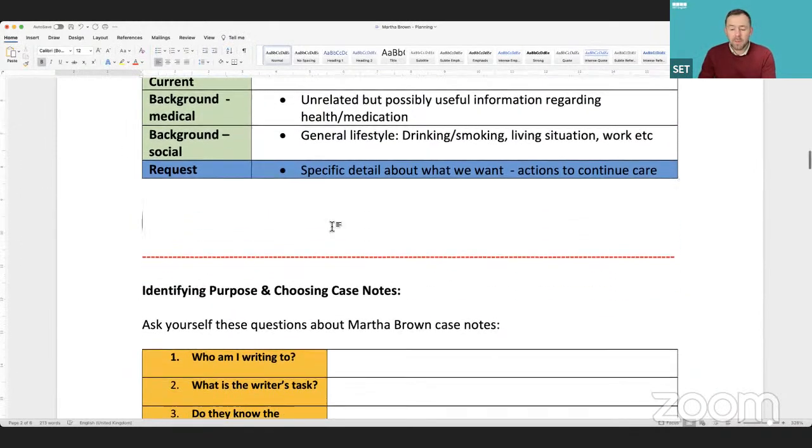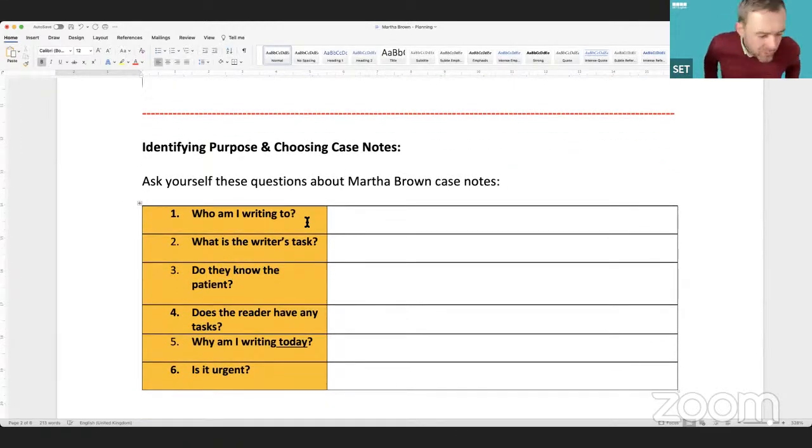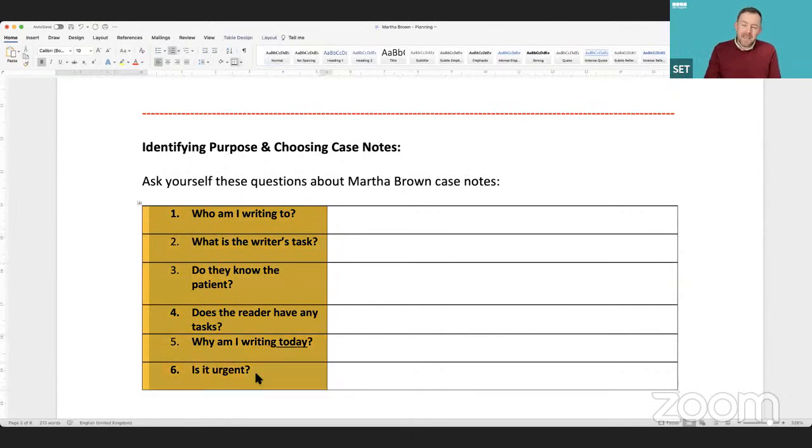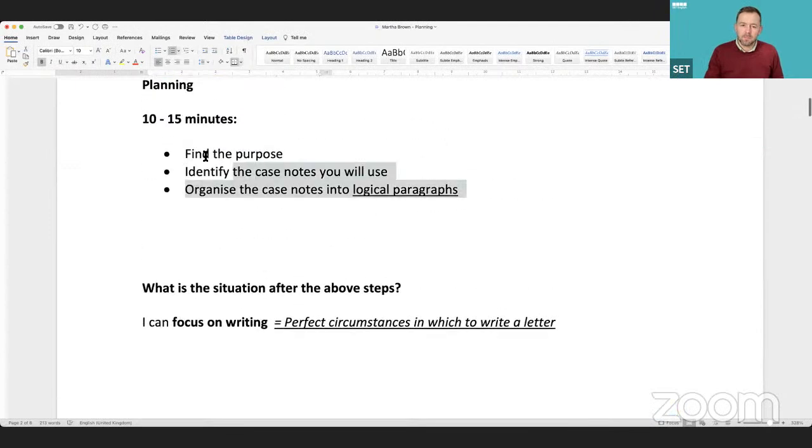Instead, I want us to talk about how we can do our planning. All right, so here are 6 questions. Really important questions. Now, I think that if you ask these 6 questions, by the end of that process, you will be able to do this. And that's, remember, this is what we're trying to work towards.